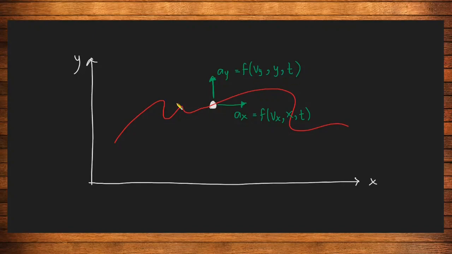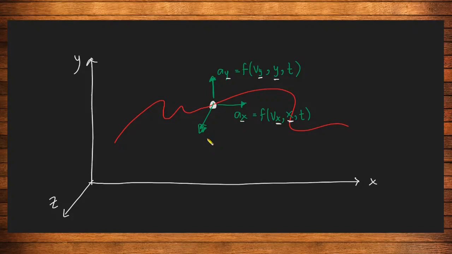So kung mapapansin nyo, yung acceleration natin along the x direction only depends on the velocity and the displacement along the x direction lang din. And then similarly, doon sa y, yung acceleration natin depends on the velocity and displacement along the y direction lang din. Okay, so let's say that this particle is moving in a 3-dimensional space. Ibig sabihin, magkakaroon pa siya ng component of acceleration along the z direction.